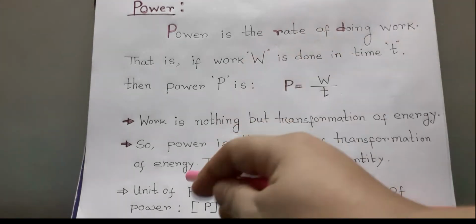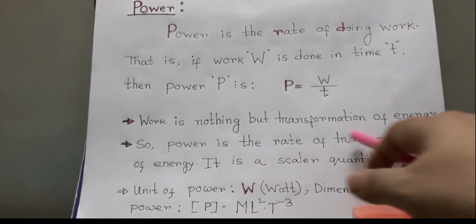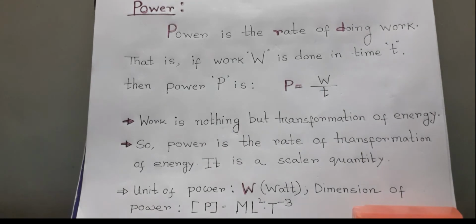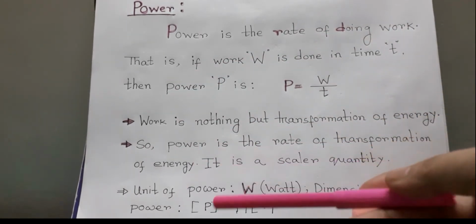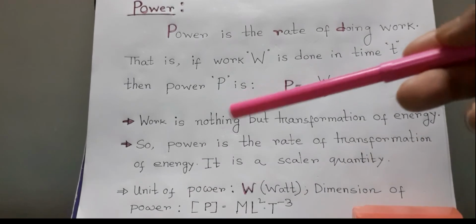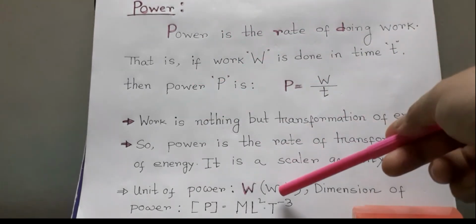Now, power is a scalar quantity as work and energy are both scalar quantities. In our everyday life, power is used and very important. I am repeating from the definition to right here.